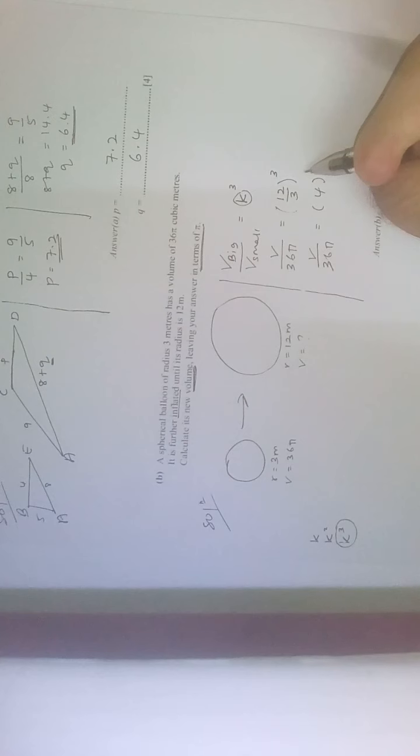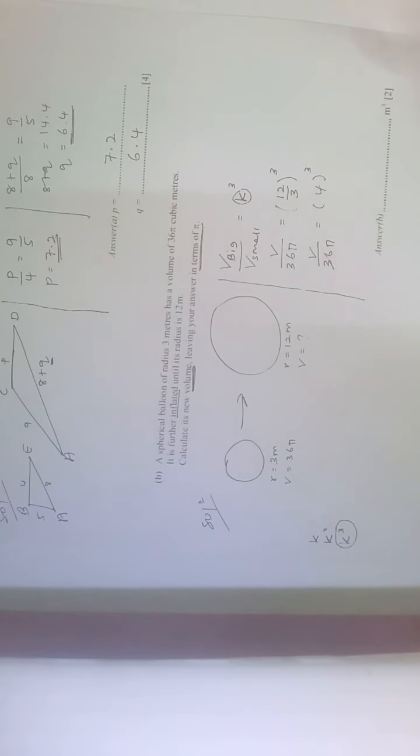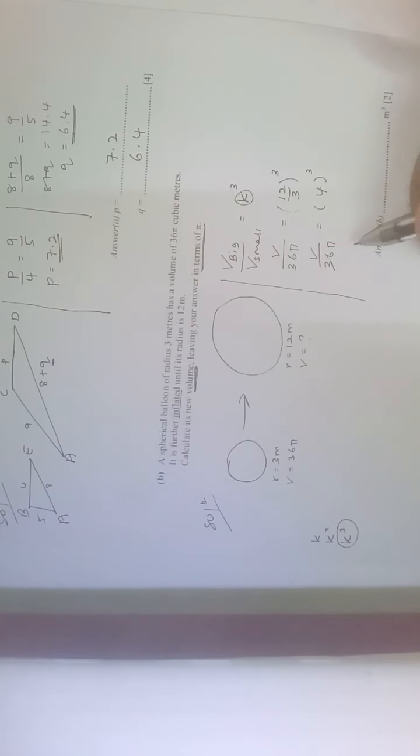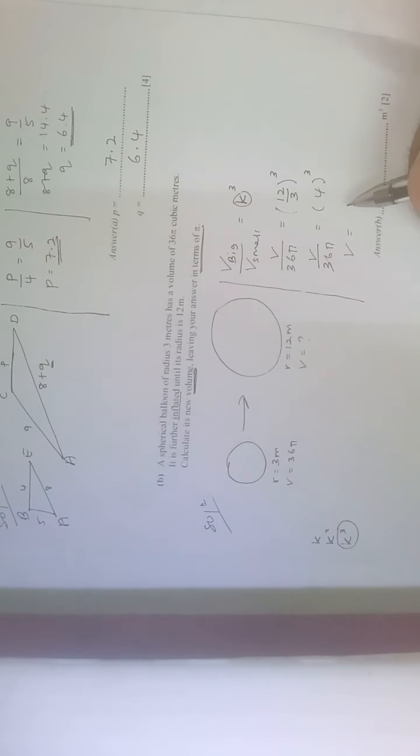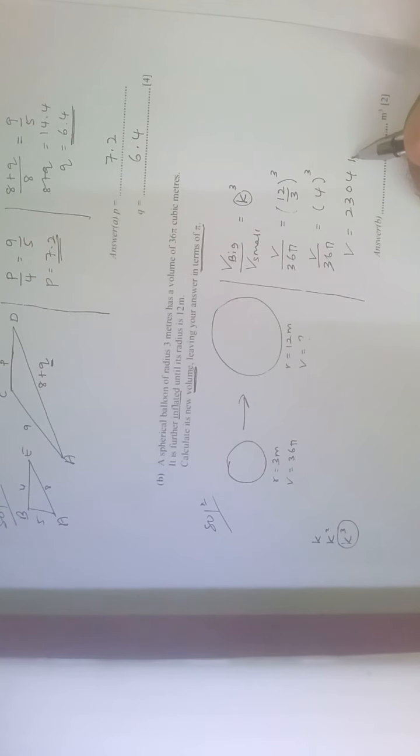Okay, so simplify, you will get V over 36 pi is equal to 4 to the power of 3, which is 64. So V is equal to 64 multiplied by 36 pi, we get 2304 pi.